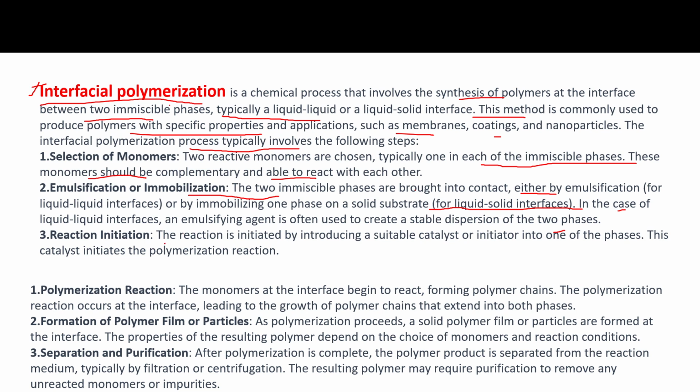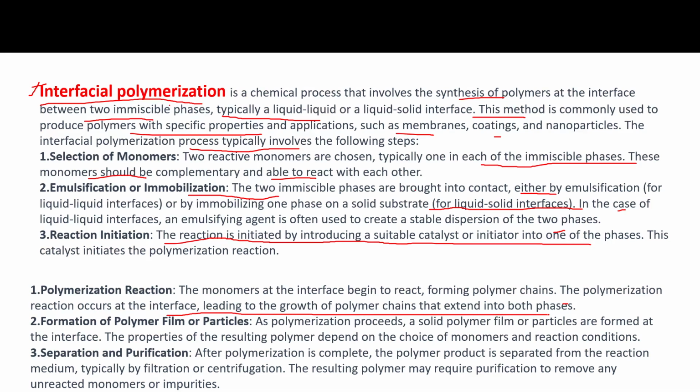Then reaction initiation: the reaction is initiated by introducing a suitable catalyst or initiator into one of the phases. This catalyst initiates the polymerization reaction. In the polymerization reaction, the monomers at the interface react to form the polymer chain. The polymerization reactions occur at the interface, leading to the growth of polymer chains that extend into both phases.